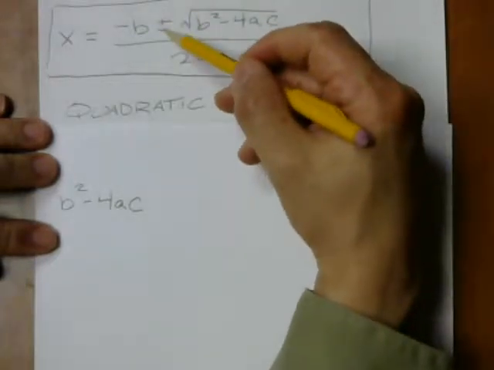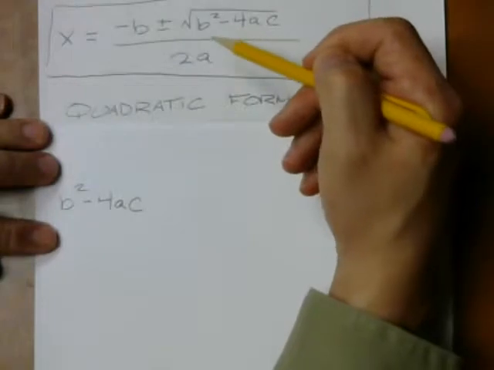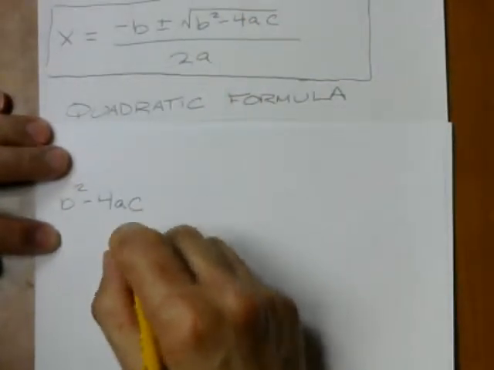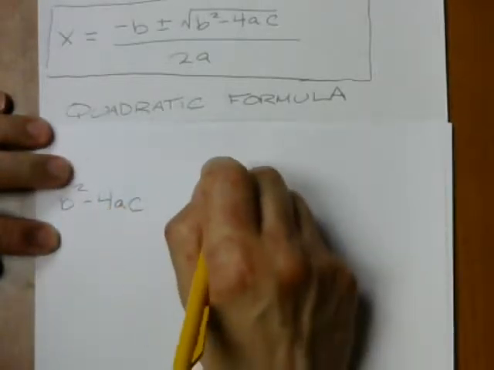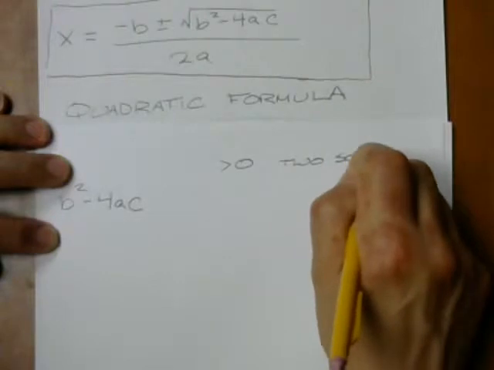So when I take plus or minus that positive number, if I add it and I subtract it, I get different things. So because of that, if this value is greater than 0, that gives me two solutions.